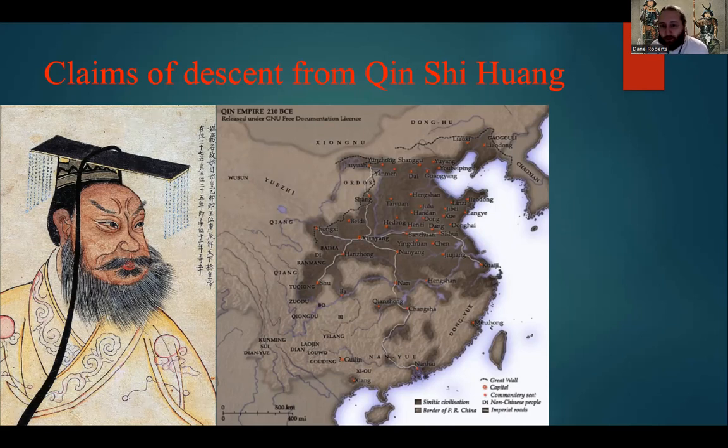This is, of course, impossible to prove, but having descent from a famous imperial figure like Qin Shi Huang, for example, was at least an attempt to give them some form of political legitimacy should they ever gain hold of the shogunate.